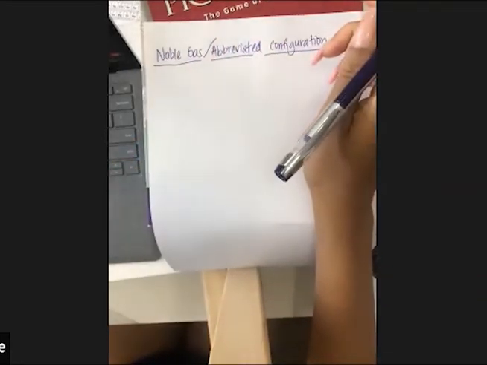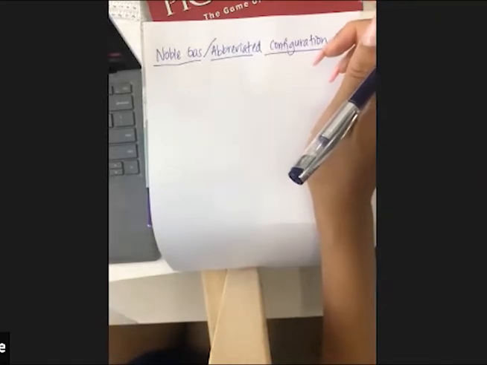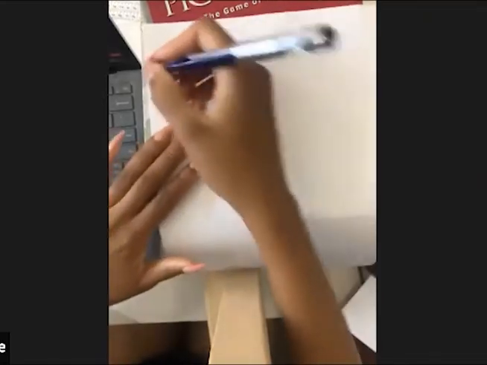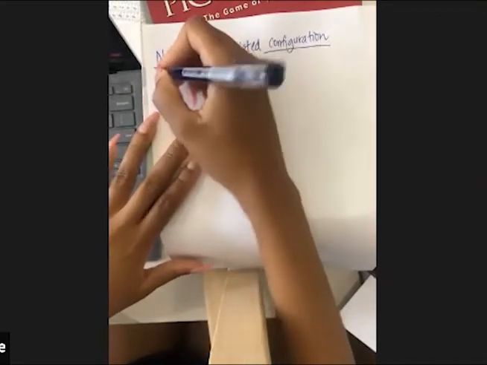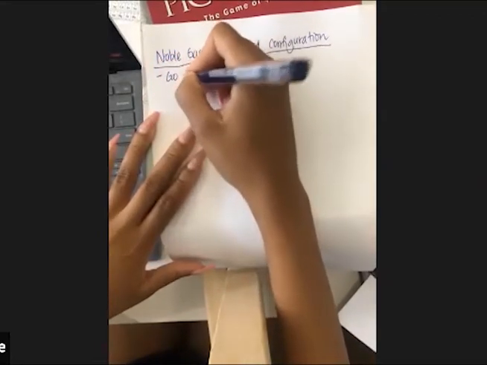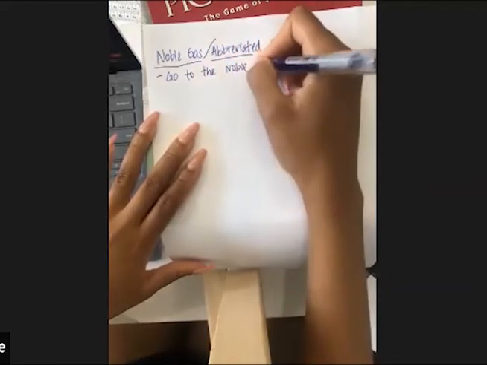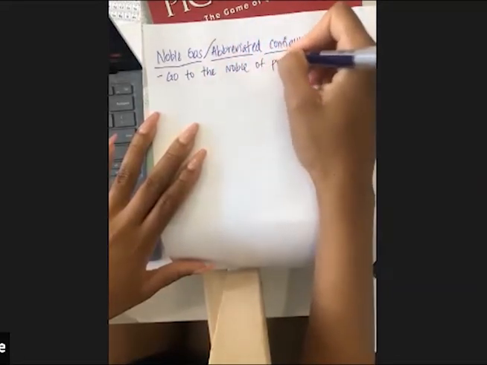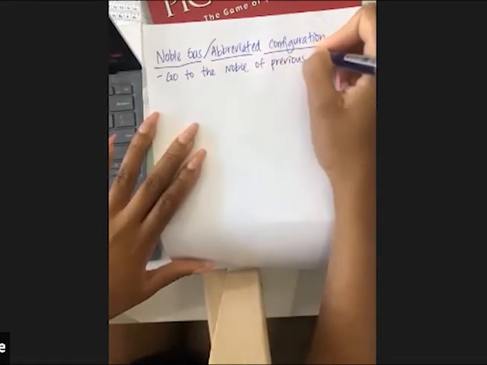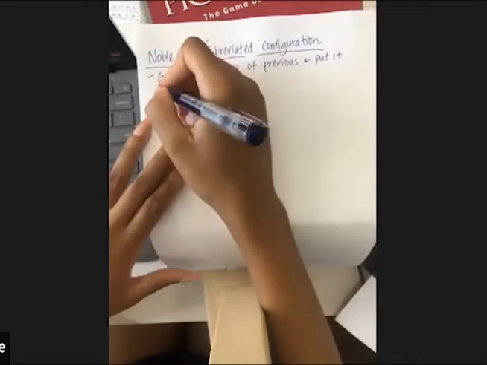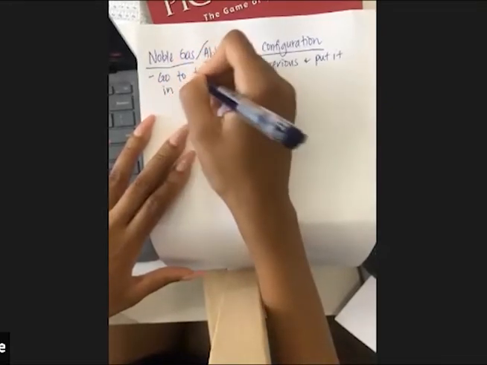Abbreviated configuration says that I always have to go to the noble gas of the previous row and put it in brackets.